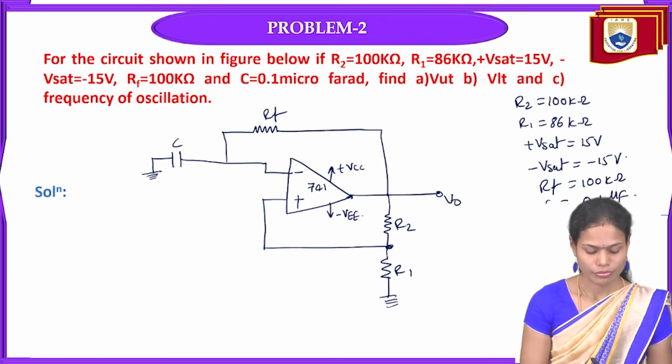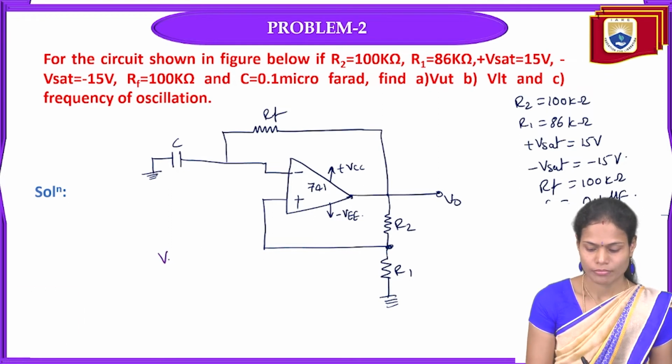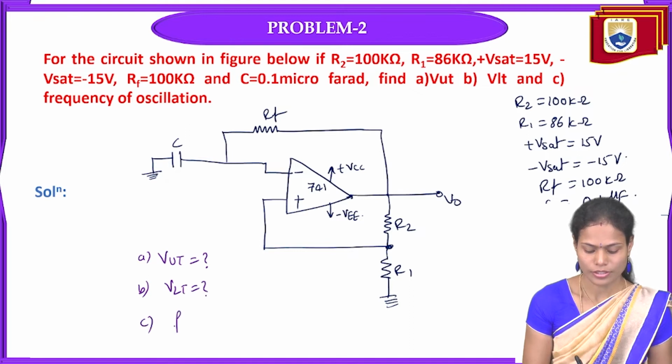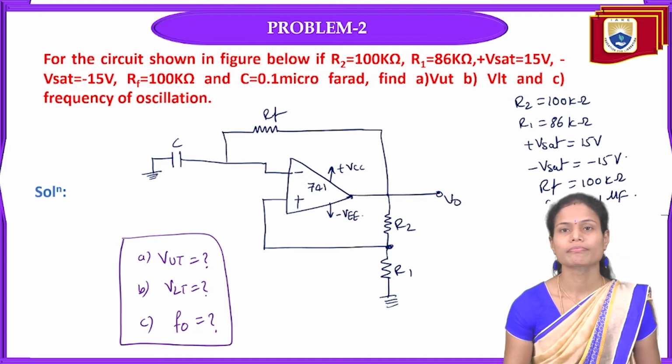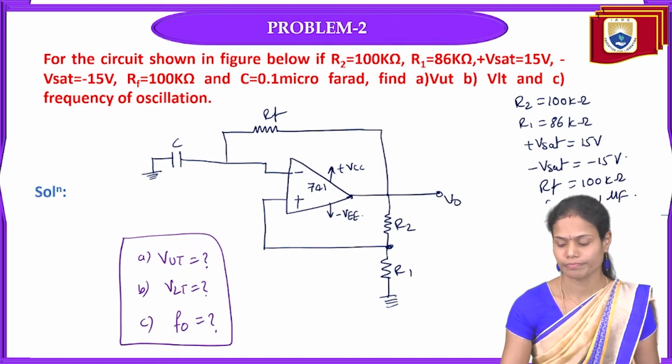microfarads. From this problem, we need to calculate VUT as well as VLT as well as F0, the frequency of oscillations. These three parameters we need to calculate from the given circuit.